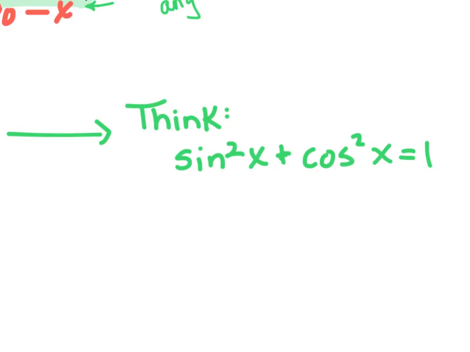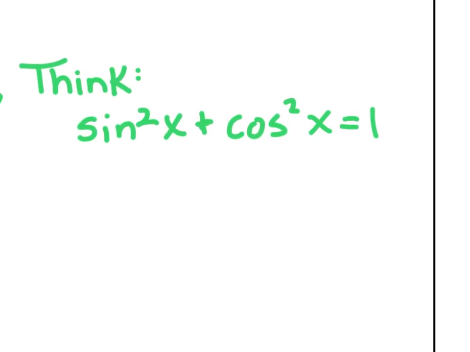And if I want sine squared minus 1, I end up with the subtraction reverse of what I want, because I would subtract sine squared from both sides.